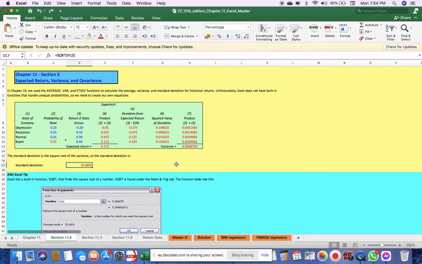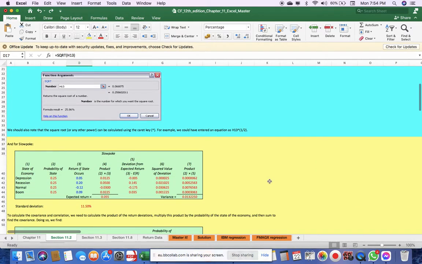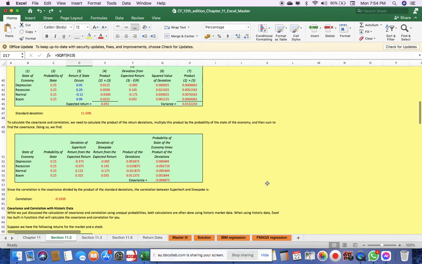When you multiply the deviation of Supertech with the deviation of Slowpoke and multiply with the probability, and sum up, you get the covariance. Covariance divided by the standard deviation of Supertech multiplied by the standard deviation of Slowpoke will give you the correlation.